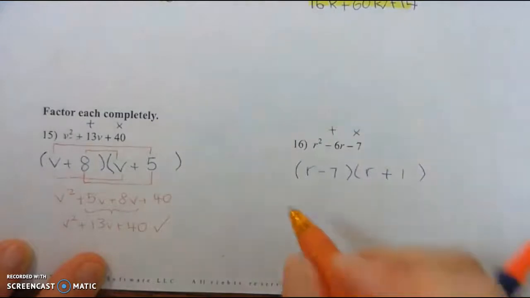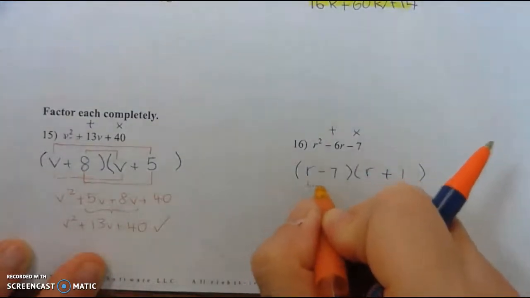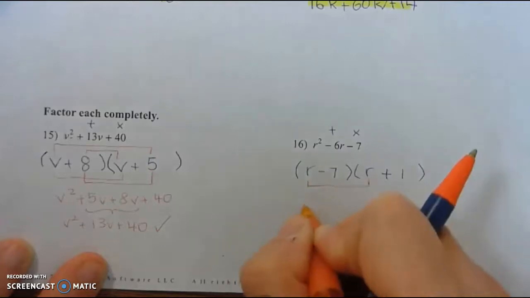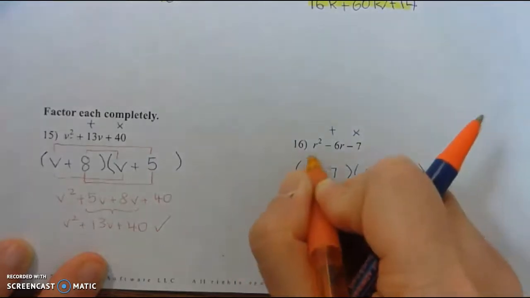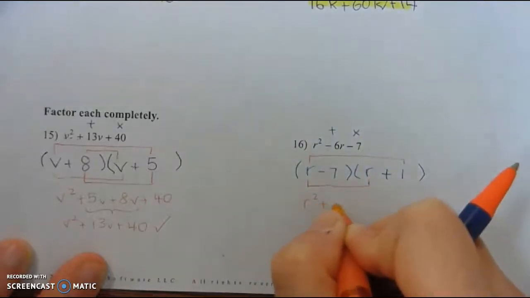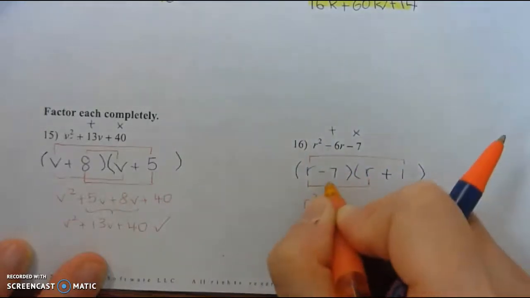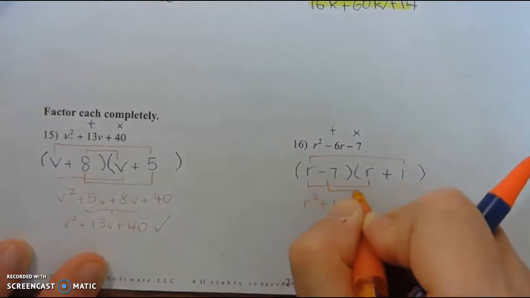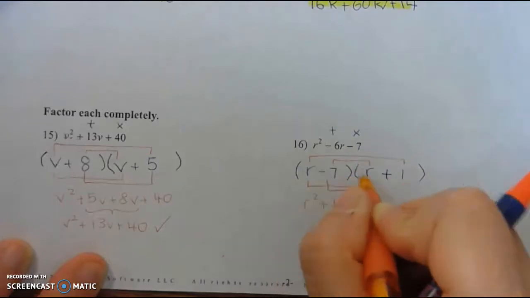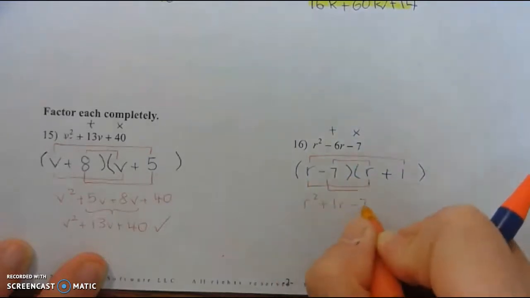And again, if I was to check this by doing FOIL, first with first is r times r is r squared. Then the outside is r times 1 is plus 1r. And then the inside is negative 7 times r is negative 7r.